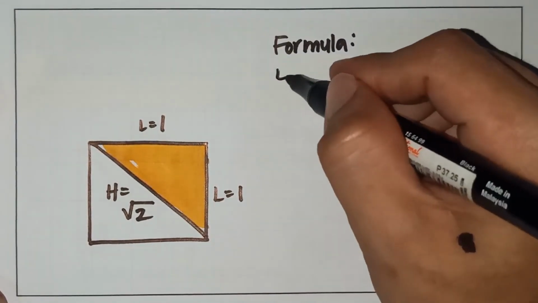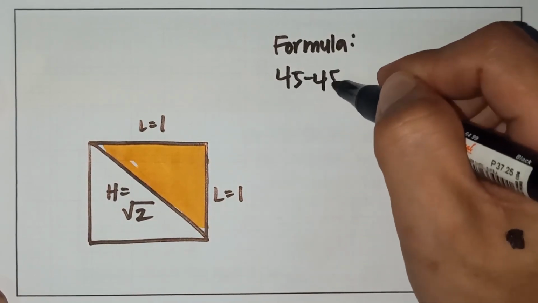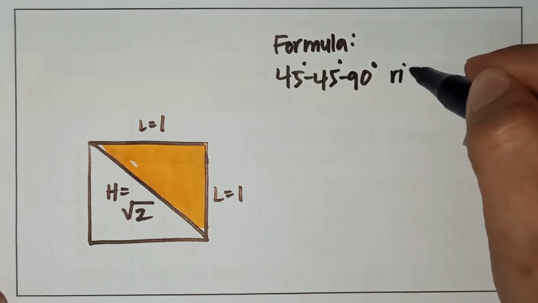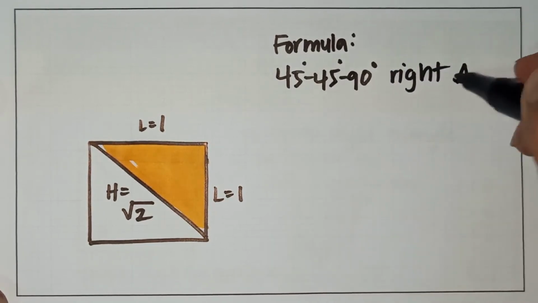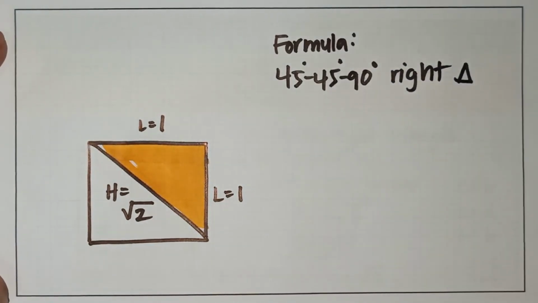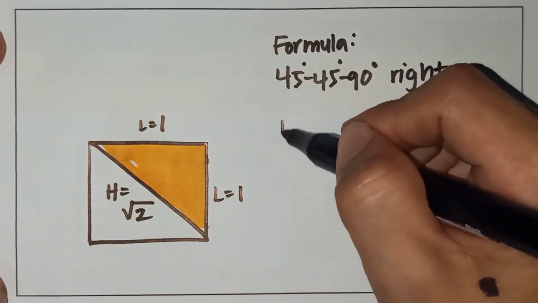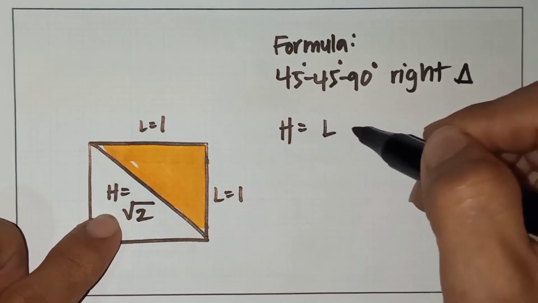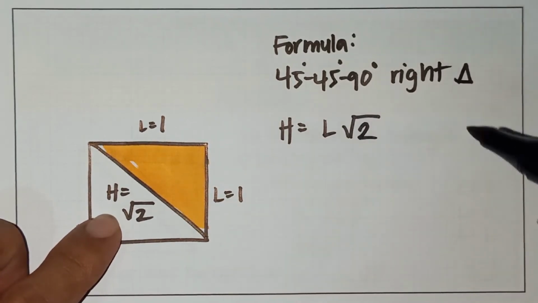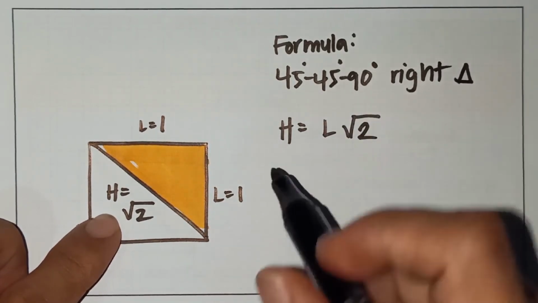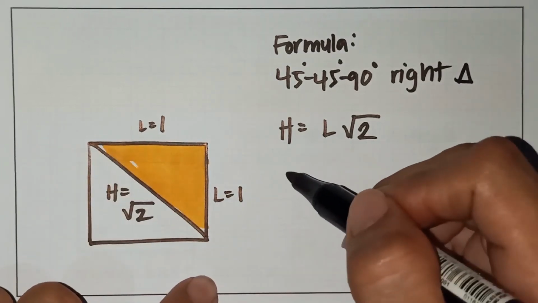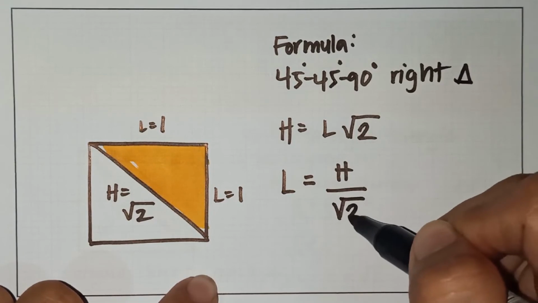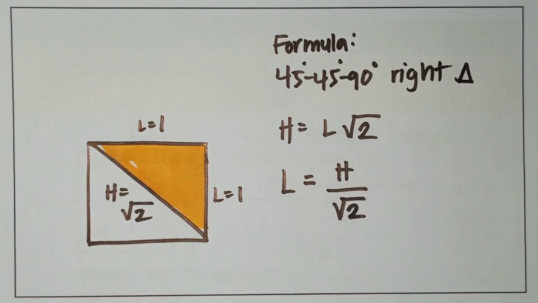What is the formula of the 45, 45, 90 right triangle? To get the hypotenuse, multiply the leg by square root of 2. And this is the leg. And to get the leg, divide the hypotenuse by square root of 2.